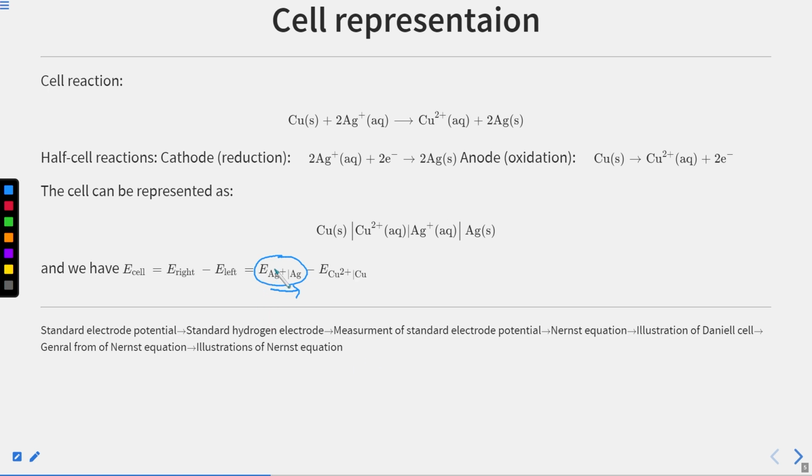So if this is given, then it is the electrode potential that is required going from Ag plus to Ag. Similarly, this is from Cu2 plus to Cu. Now if it is written in this way, suppose Cu then Cu2 plus, then we will say that it is given for Cu going to Cu2 plus.